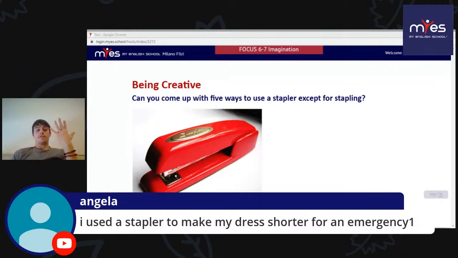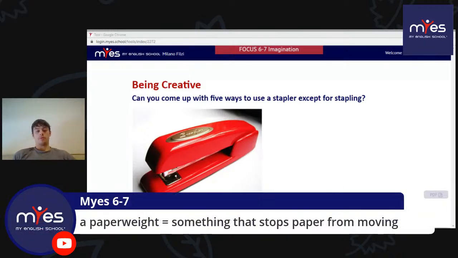We need to think of 5 different uses for a stapler. We have a fashion design tool, a paperweight, which is something that stops paper from moving. How else can we use a stapler?